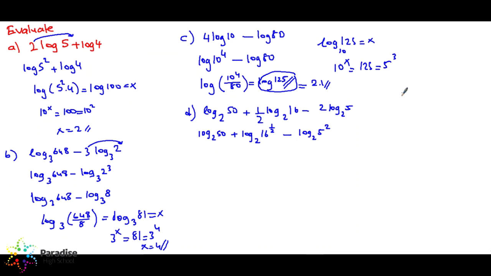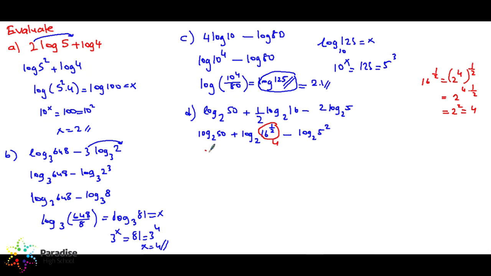Then, what is 16 to the power of 1/2? 16 is 2 to the power of 4, to the power of 1/2. That makes 2 to the power of 4 times 1/2. Multiply the powers, that makes 2 squared. 2 squared is 4, so the whole thing is equal to 4.